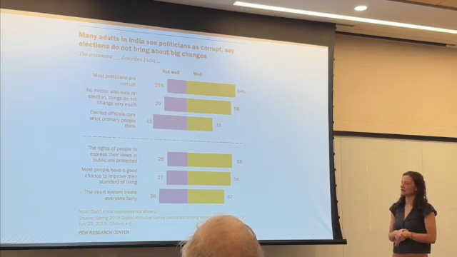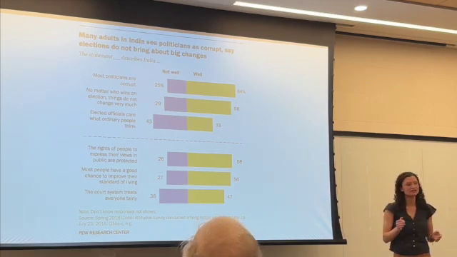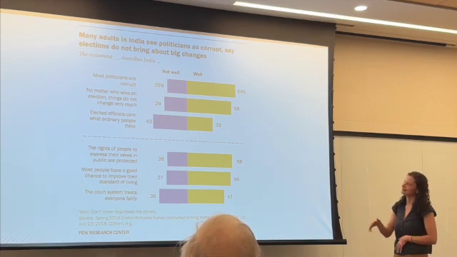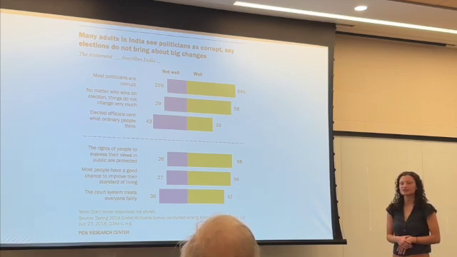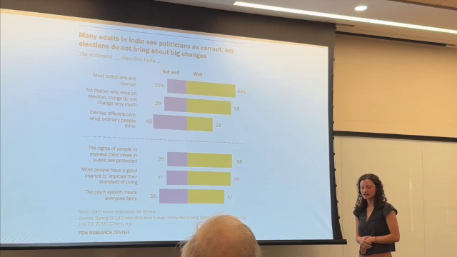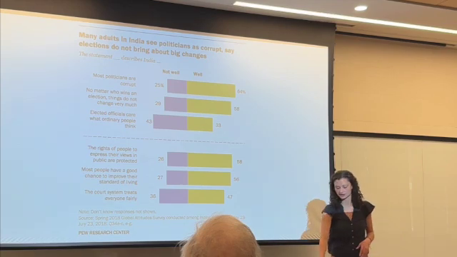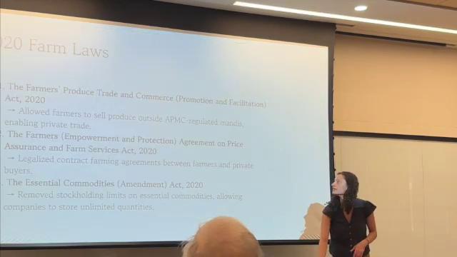Despite that, right now, the vast majority of respondents, regardless of political affiliation, have quite a bit of distrust in the system. I'll let you read it for yourselves, but the majority think politicians are corrupt, the majority think that elections don't really matter in terms of outcome, as well as a variety of other things. So that's definitely important to consider in terms of what reform would look like.